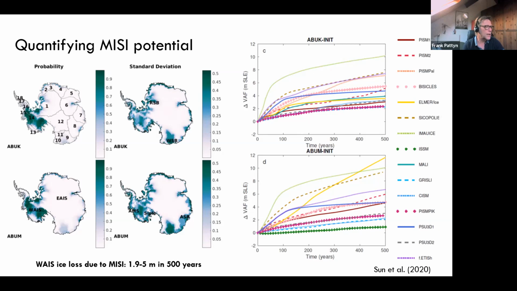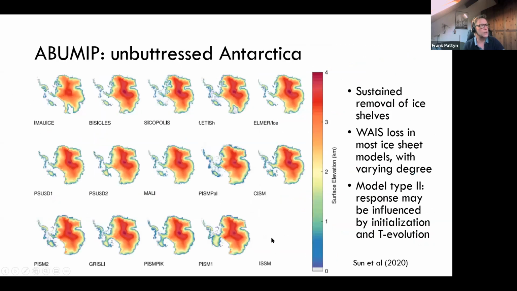Well, this is in a more dynamic environment, multi-model intercomparison, and that leads us to 2 to 5 meters in 500 years. Most of these losses are not yet in steady state. So here we see an overview. In general, as I said, loss in most models, and for these type 2, the response may be influenced by initialization and the temperature evolution.